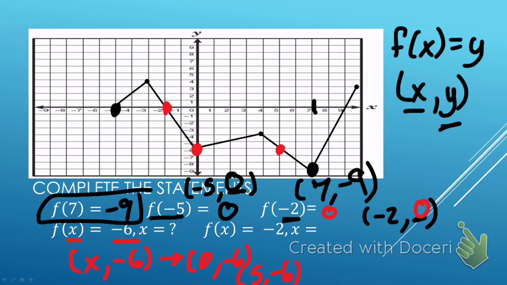Since we've got two of them, we need to list both of them. But we also have a third one. Some people have noticed that over here, kind of halfway between 7 and 8, since we're just estimating, 7.5, negative 6 would be fine. But we would want to list all three of these as answers. So 0, 7.5, and positive 5.